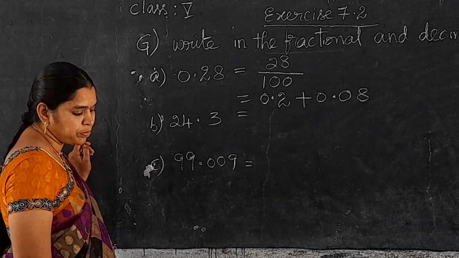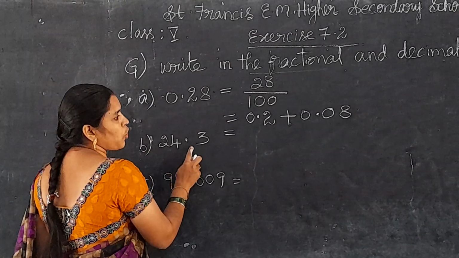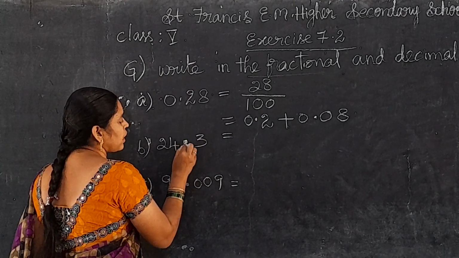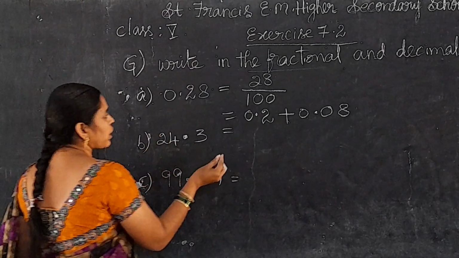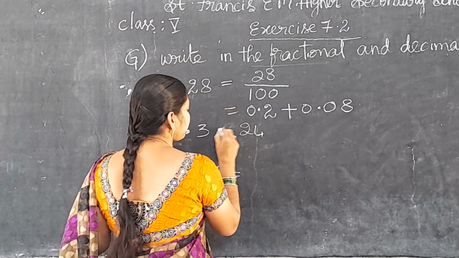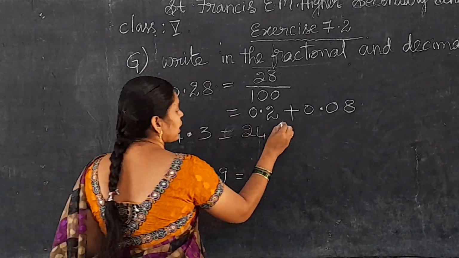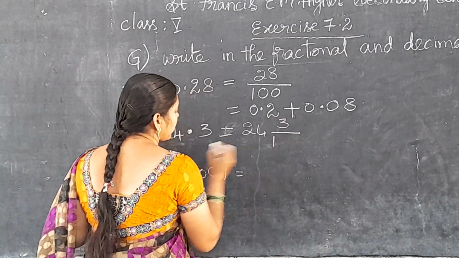Clear, children? Now here B1, 24.3. 24 is a whole number. Ones, tens. So you can write the whole number in the front. After that, in the numerator you should write 3. Instead of the point you should write 1 in the denominator.